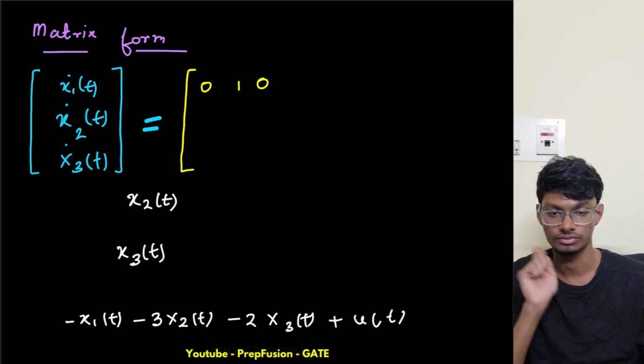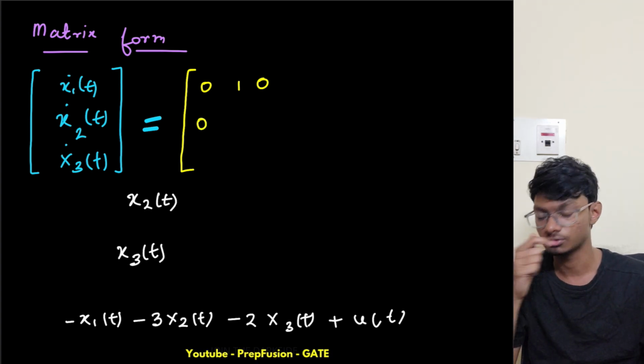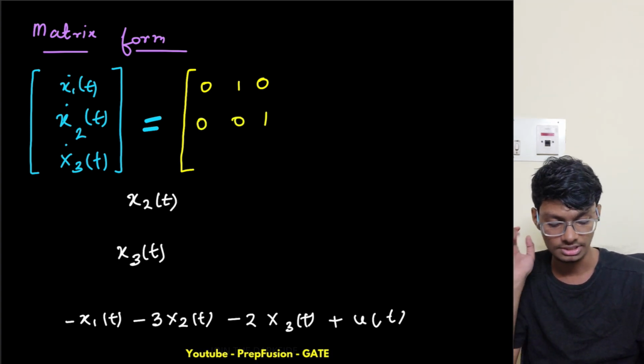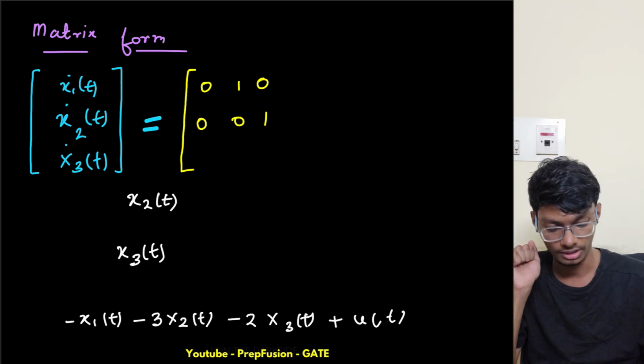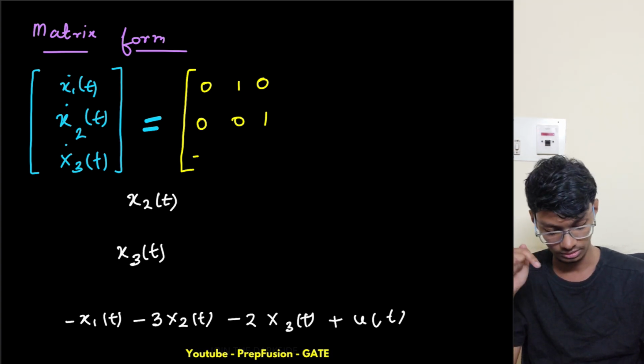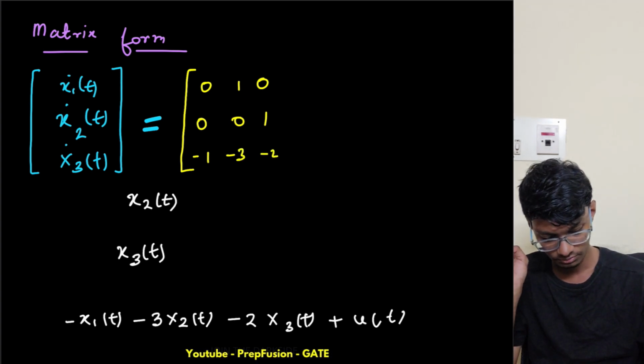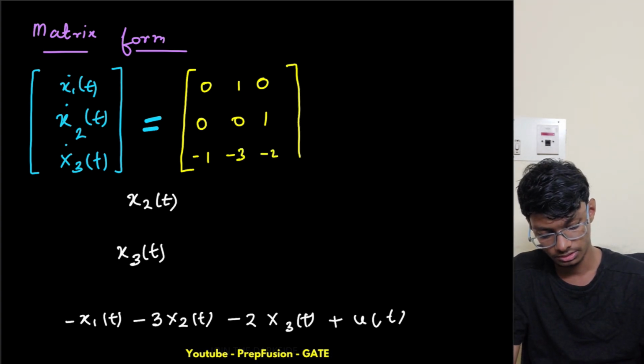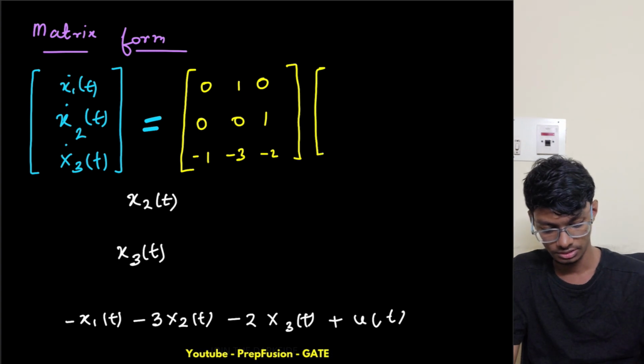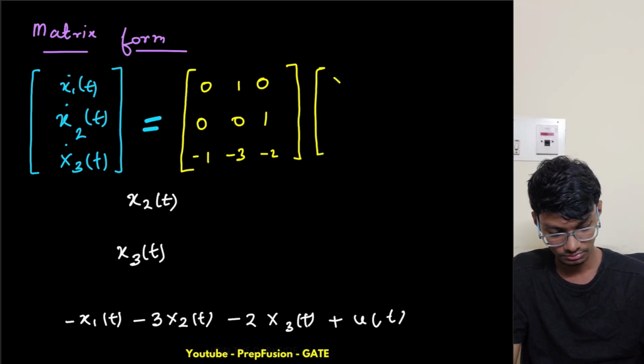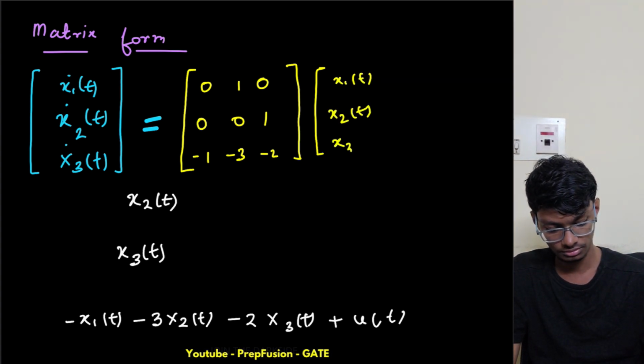The second row will be 0 0 1, as x2 dot equals x3 only. And the third row will be minus 1, minus 3, minus 2, from minus x1 minus 3 x2 minus 2 x3. This is our A matrix, and this is our state vector: x1 of t, x2 of t, x3 of t.